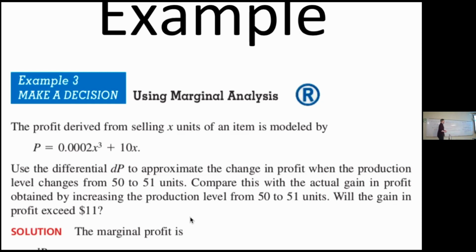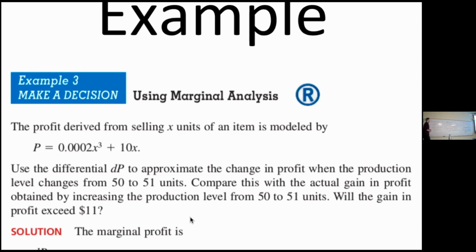All right. So what is it we're actually seeing here? What is it we're actually measuring? Well, this P of x plus delta x minus P of x, that's delta P, right? And what delta P represents is the actual change in profit. And what dP represents is an approximation along your tangent line, right?